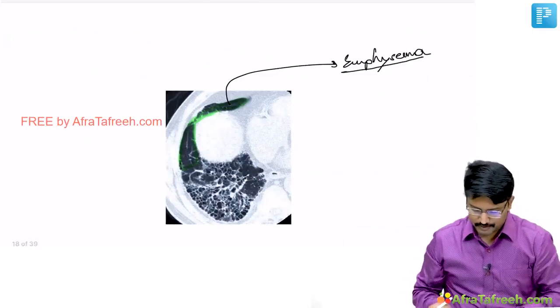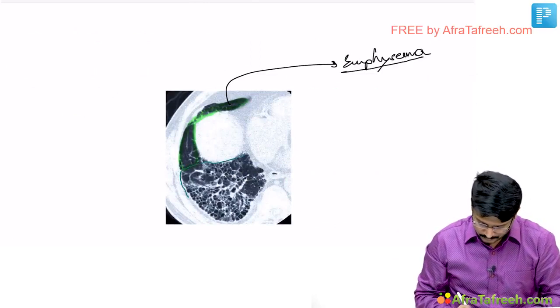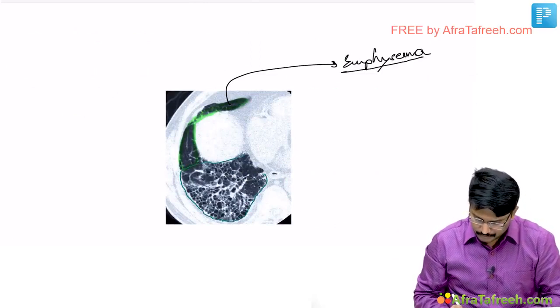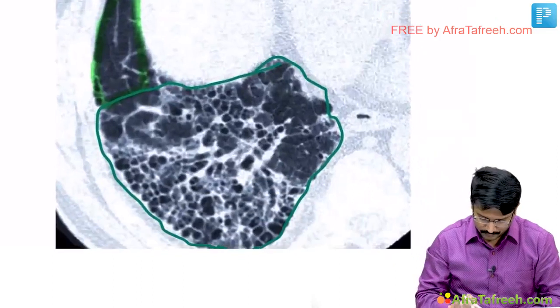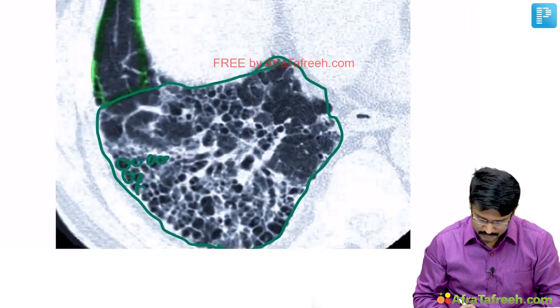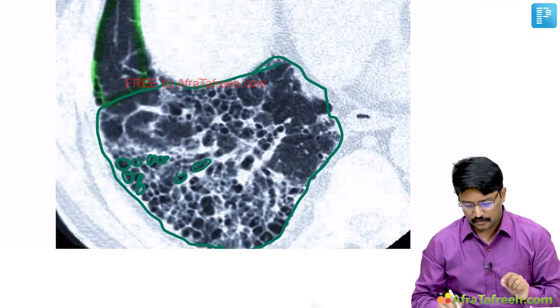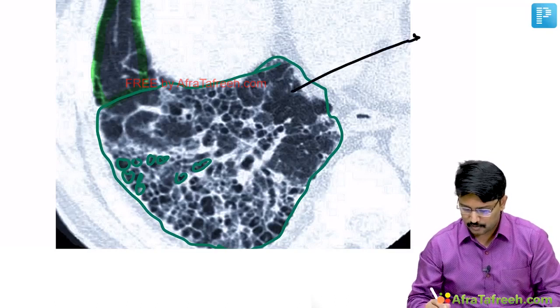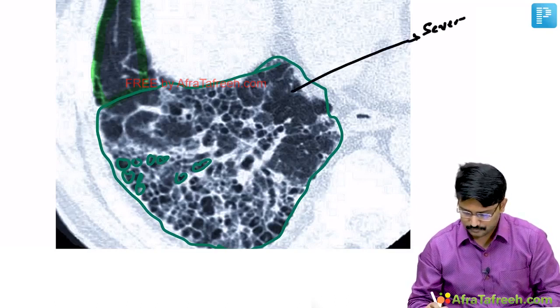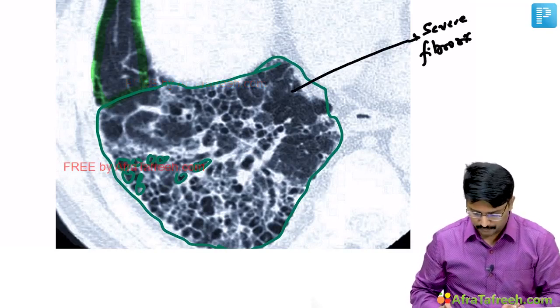But at the bottom of the image, you can see there is honeycombing. So these are all typical honeycomb changes. And honeycombing implies significant or severe fibrosis, which is a hallmark of IPF.